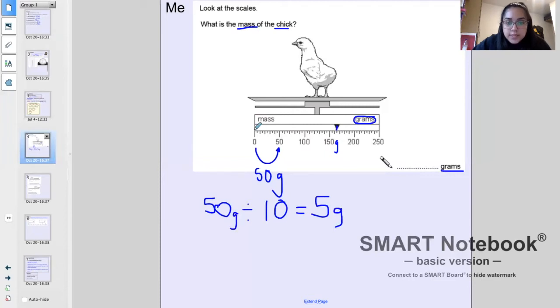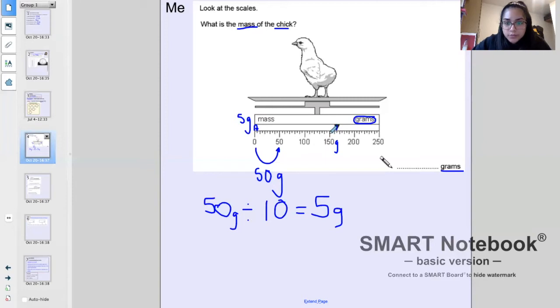So that means each individual jump, you can see that, that's a little arrow there, is worth 5 grams. It's going up in 5 grams. Okay, so if that's the case, now I've got from 0 to 150. If each increment is 5 grams, let me count up.